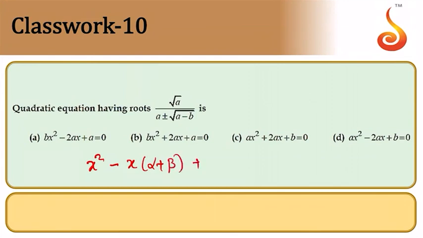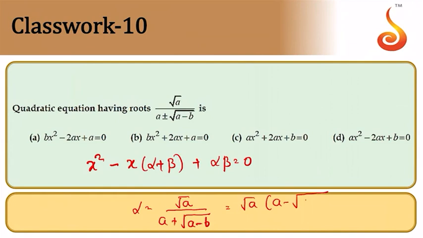Example 10. Quadratic equation having the roots this one. So we know x square minus x into sum of roots plus product of roots equal to 0. So what are the roots given?